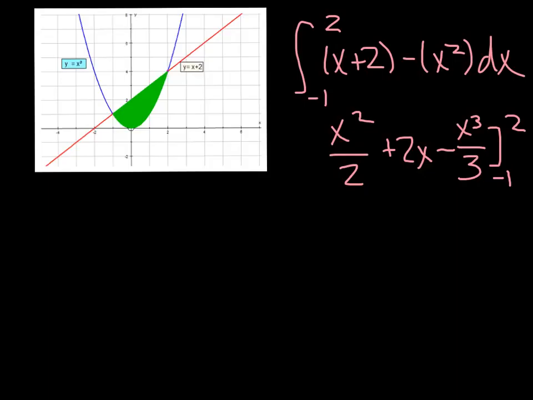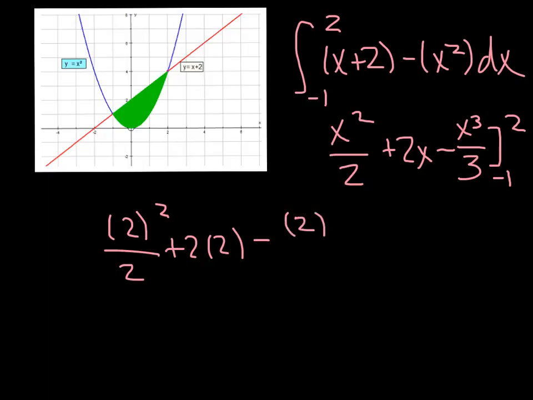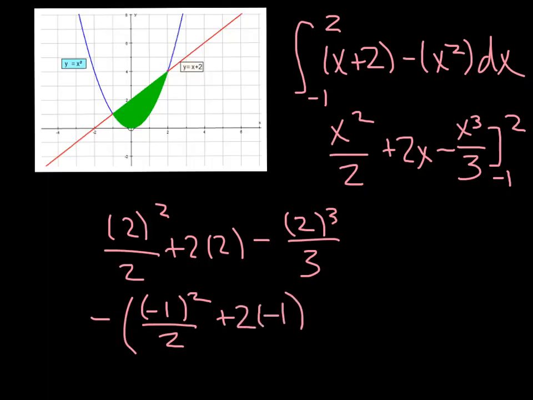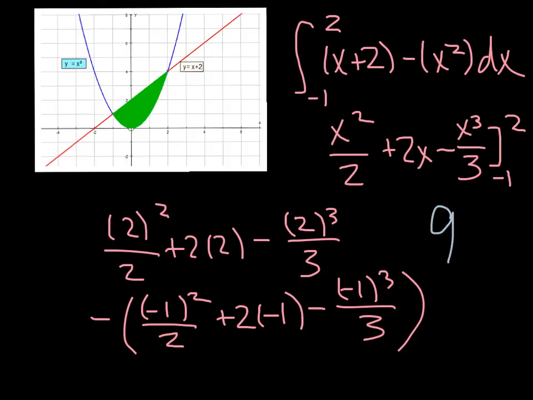So it would be 2 squared over 2 plus 2 times 2 minus 2 cubed over 3, minus negative 1 squared over 2 plus 2 times negative 1 minus negative 1 cubed over 3. After plugging that into the calculator, you get 9 halves or 4.5, which is the area between the two curves.